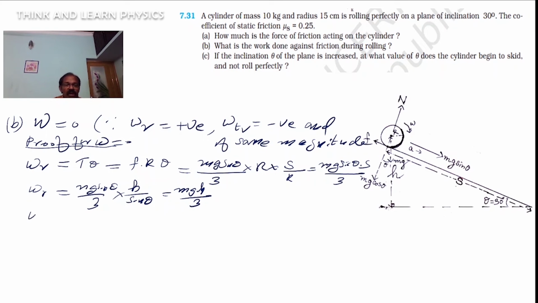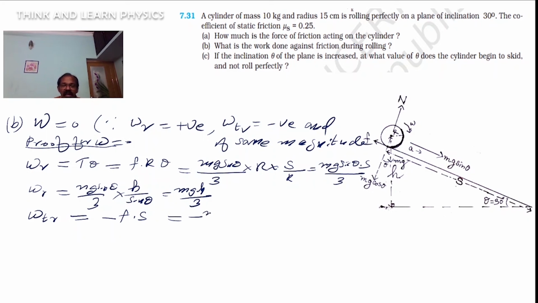Now work done for translative motion for the same case is given by WTR equals, here the force of friction F and the displacement S are in opposite directions. So work done will be negative. It will be minus the product of the modulus of the force and the displacement. That means minus F into S. What is the value of F?